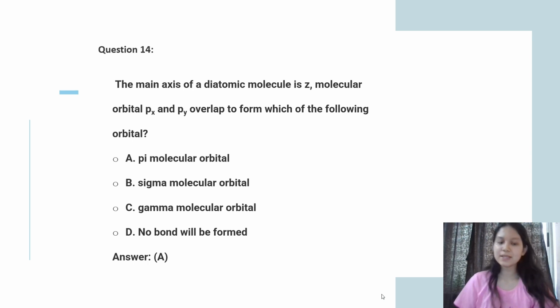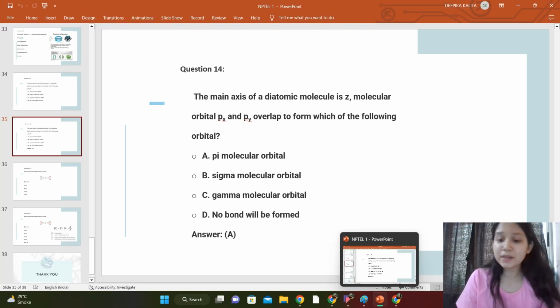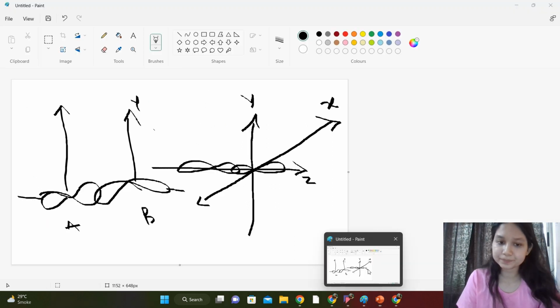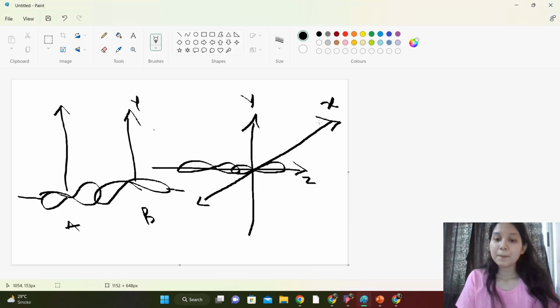Yes, px and py are perpendicular to each other, isn't it? See, px and py are perpendicular to each other. So if we consider these two axes of one atom, these two cannot interact to form bonding, because they will be totally perpendicular. So according to the question, we will have to consider px of the two atoms and py of the two atoms.